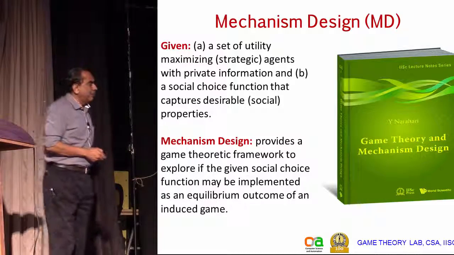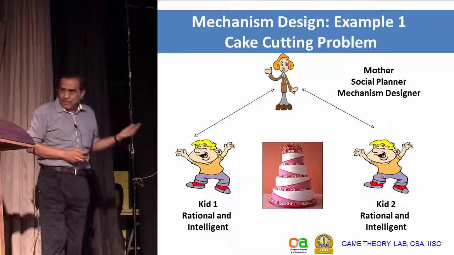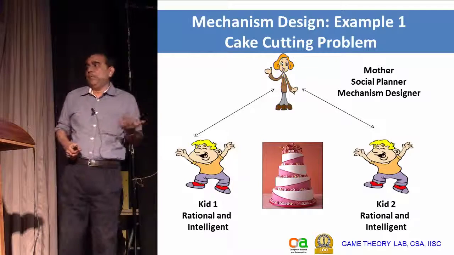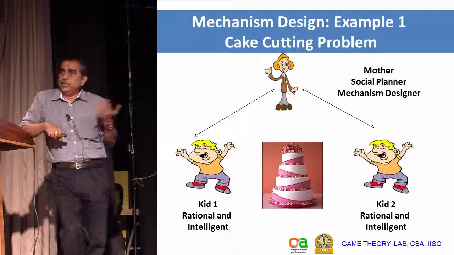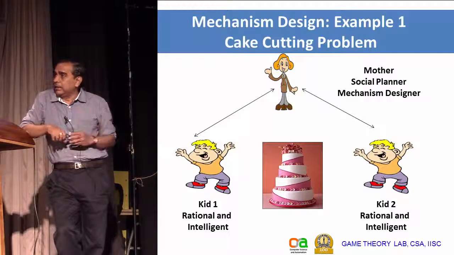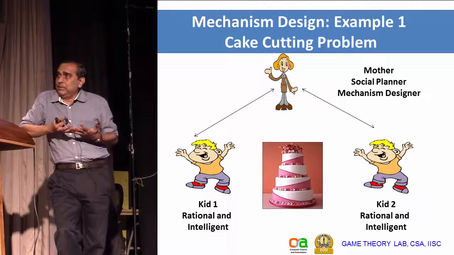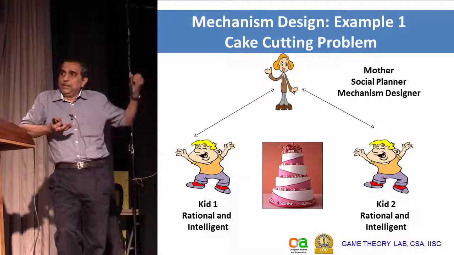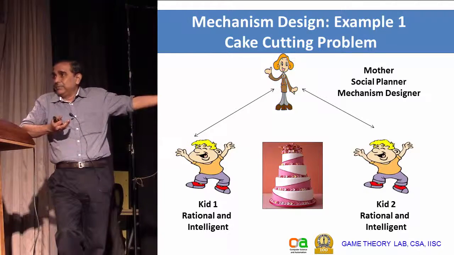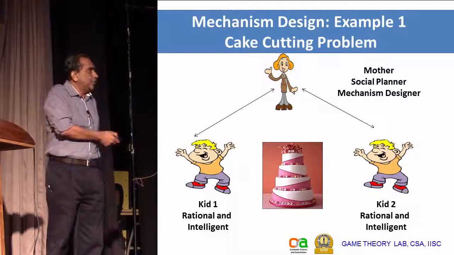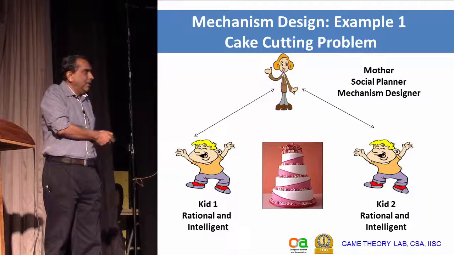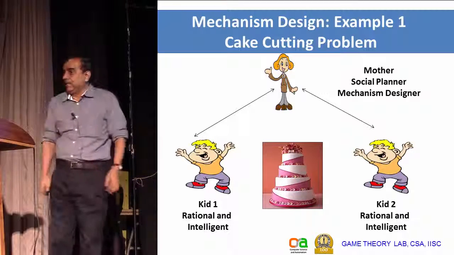So let me give a simple example here, and many of you might be familiar with this example. This is the classical cake cutting problem. Here the social planner or the social designer is a mother, and you have two strategic players here: a son and a daughter of this mother, let us say.